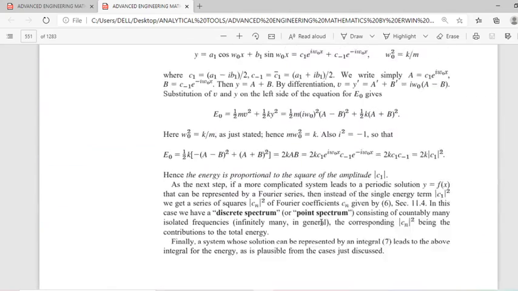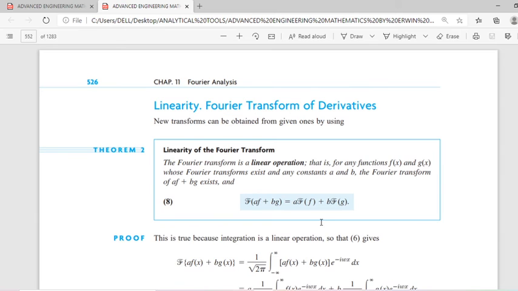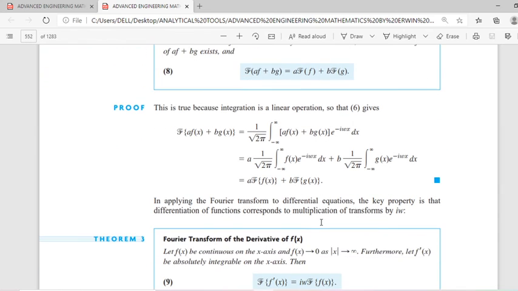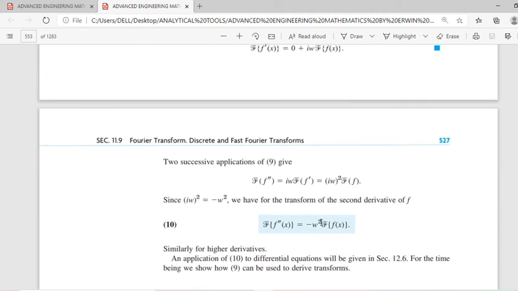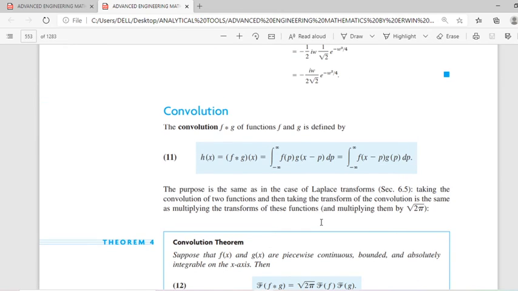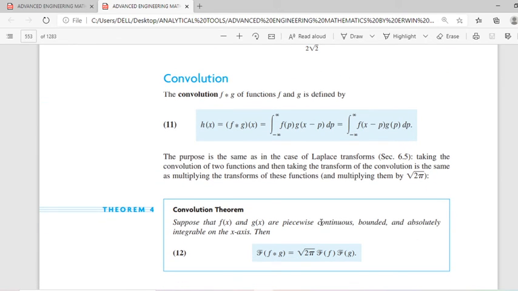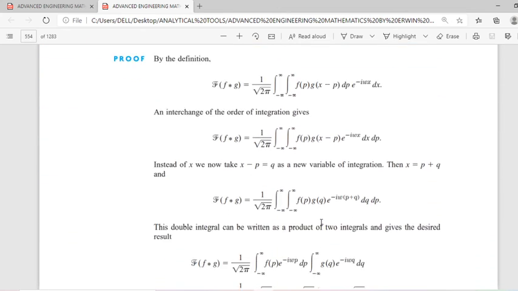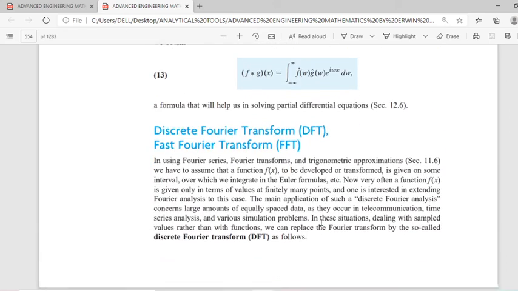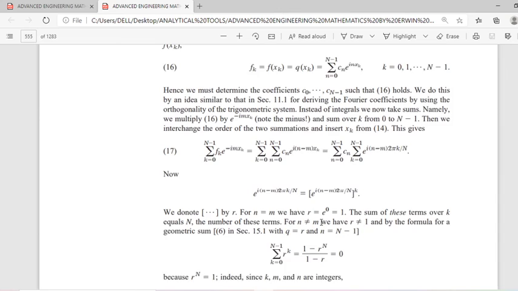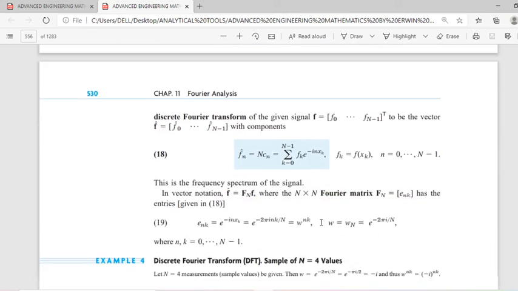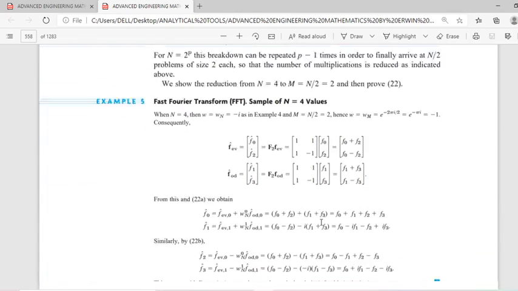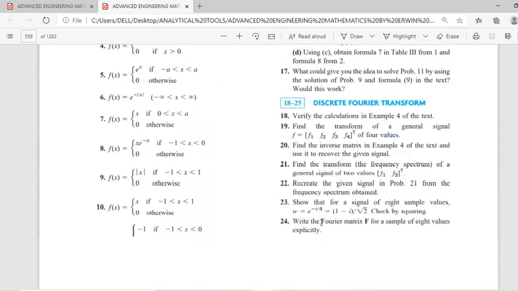This is not required. And finally you can understand the convolution concept of it. Anyway, all these things will be discussed in the next class, no problem.